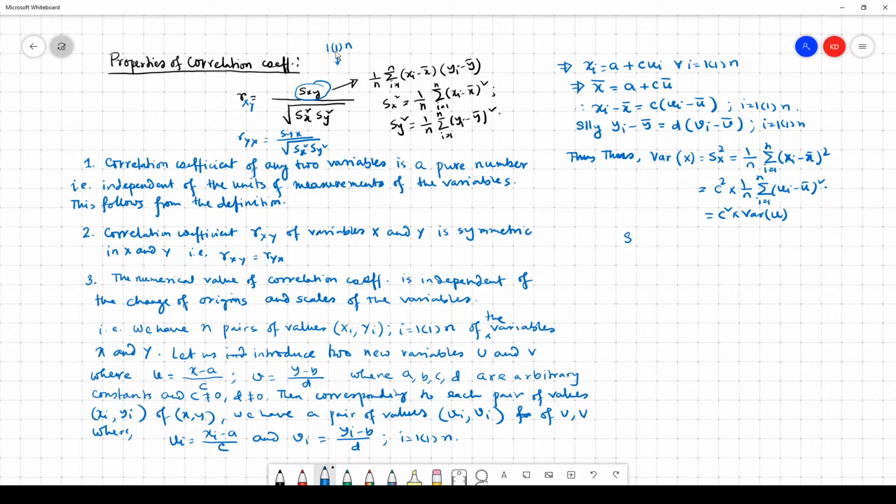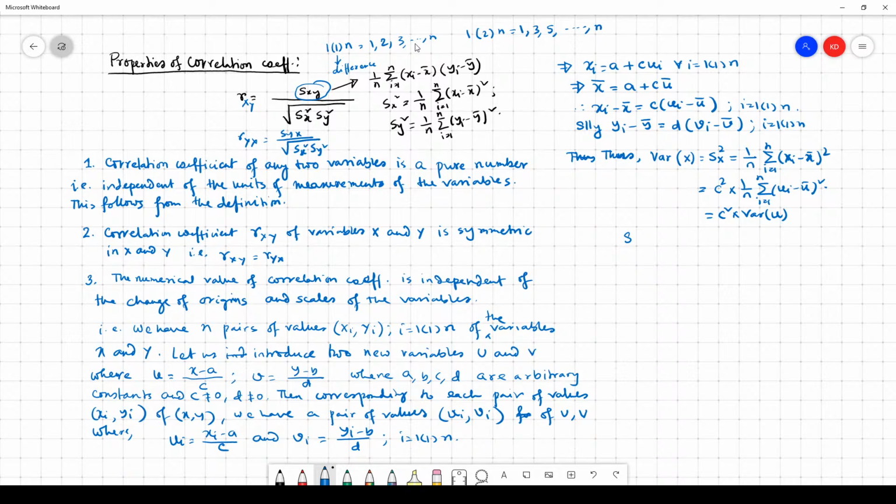This means within bracket 1, this means difference, so 1, 2, common difference. 1, 2, 3, dot dot dot, n. If you take a common difference 2, then it should be 1, 3, 5, and so on up to n.